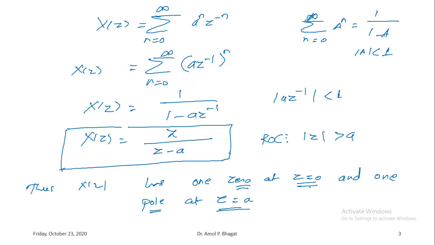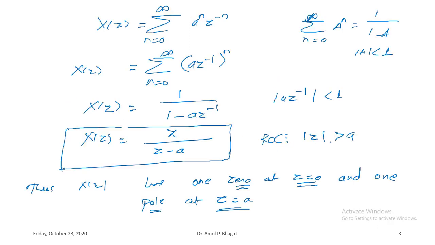So these values can be represented on the pole-zero plot. For that purpose, again, you will draw this graph. On the x-axis, you will draw the real values of z, and on the y-axis you can draw the imaginary values of z, right?